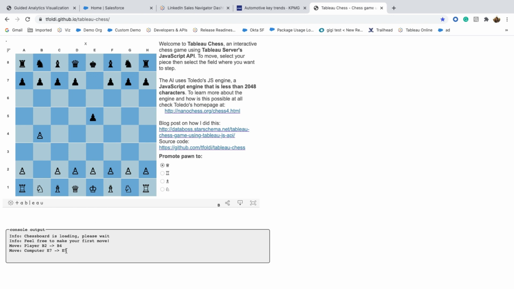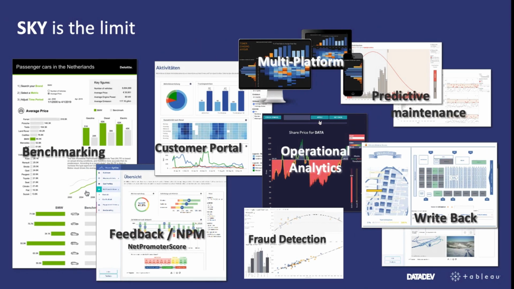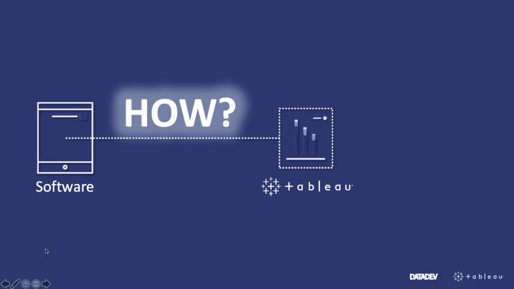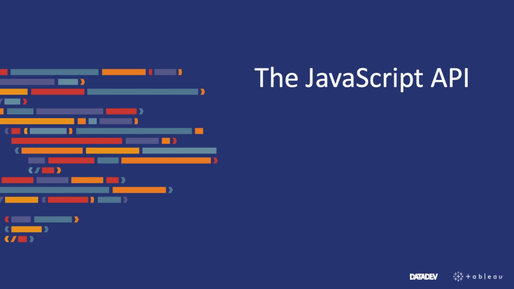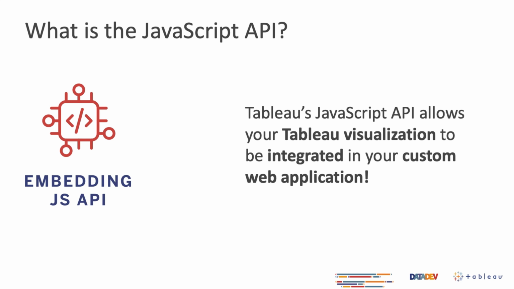It is awesome. And you know now how much I love games, and playing games in Tableau is my passion right now. So how does it work? How can you add Tableau visualization to your software, to your application? First, you need to use the Tableau JavaScript API. So what is the JavaScript API?